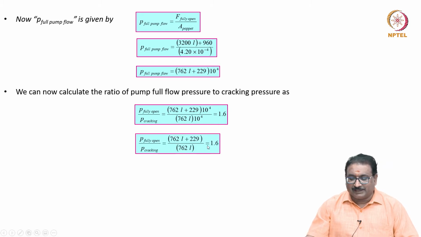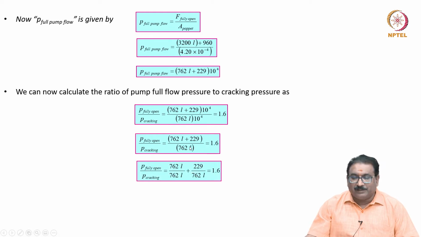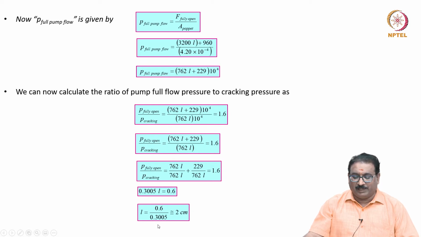After substituting this given condition, I will do a simple modification: 762 L plus 229 by 762 L. This is how much it is, friend: 1 plus 229 by 762 L. This 1 will go to this side, meaning 0.6. 229 by 762 is nothing but 0.3005 into L, equals 0.6. Then L is approximately 2 centimeters.